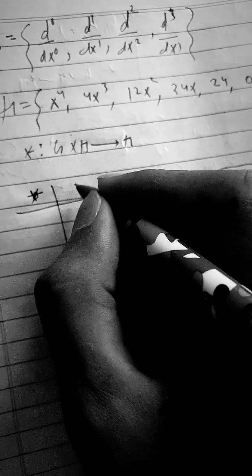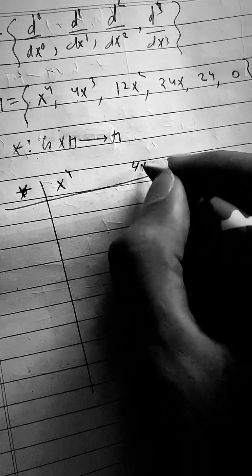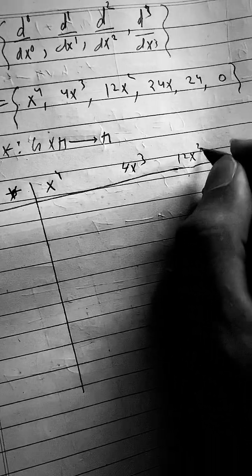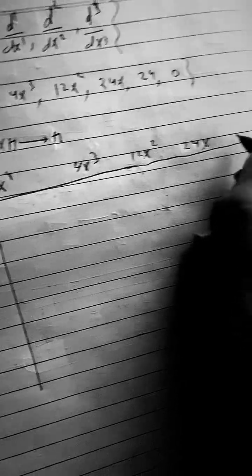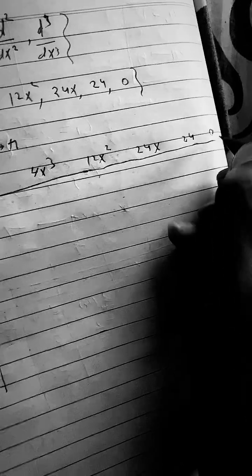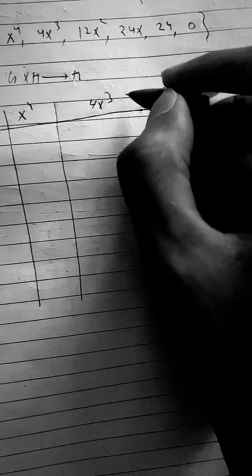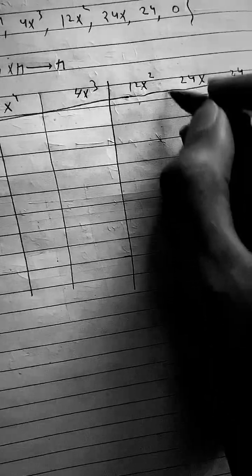Here is the set H, which is x^4. Then here will be 4x^3, 12x^2, 24x, 24, and here is 0, right? And then we make this line. You can see we have this line going on.